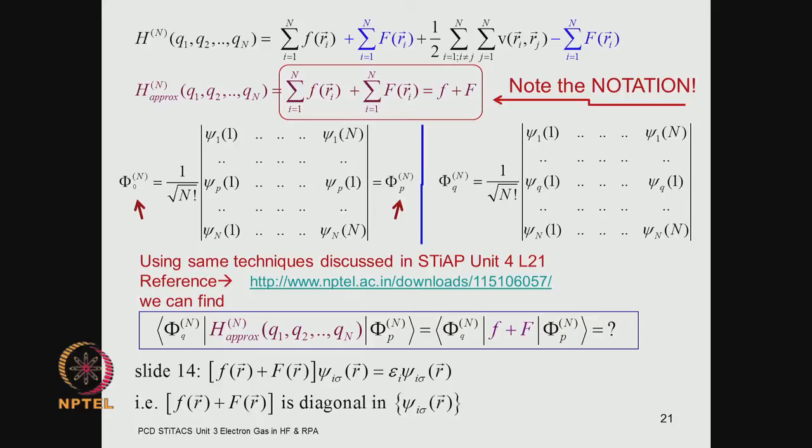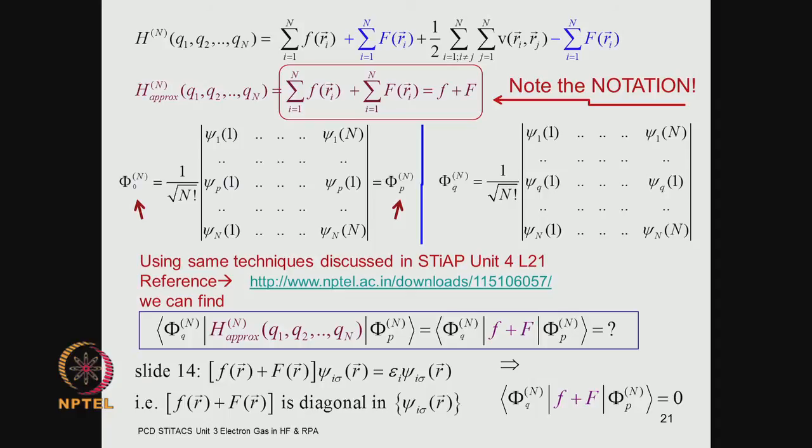So, this operator f plus F is obviously diagonal in this. Okay. As a result of this, it follows, using the techniques that we have discussed earlier, that this particular approximate Hamiltonian will have a matrix element which will vanish between two different Slater determinants which have different occupation numbers.